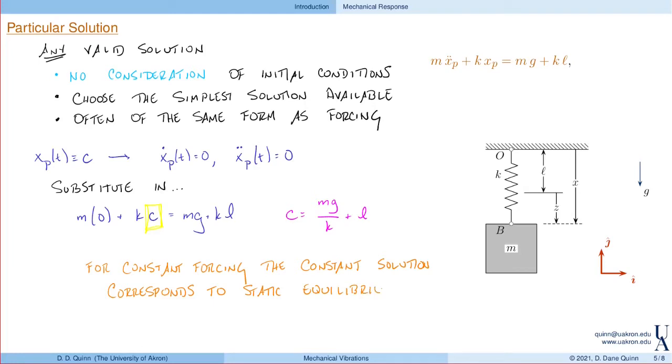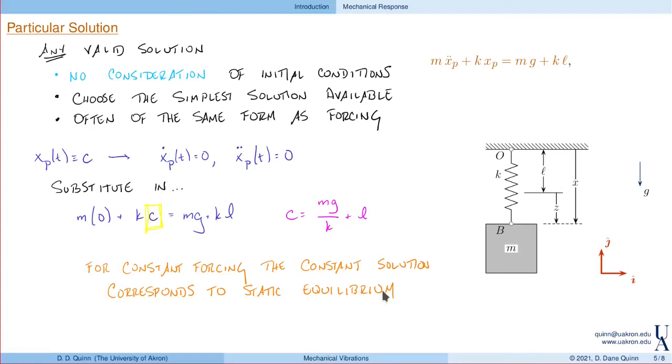So if you were just to solve this as a statics problem, and you ask what's the static displacement of the block, well, it's where the force due to gravity balances out the spring force. And solving for that, the displacement from the top is the unstretched length of the spring, L, plus the stretch in the spring, which is just mg over k.